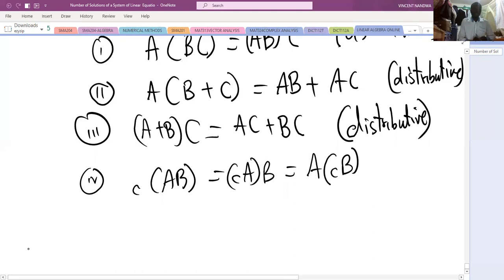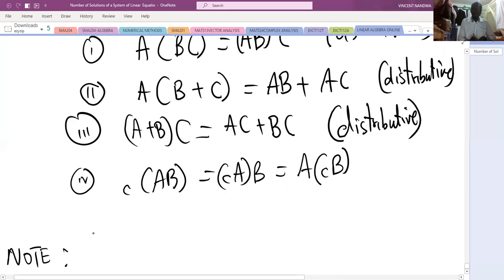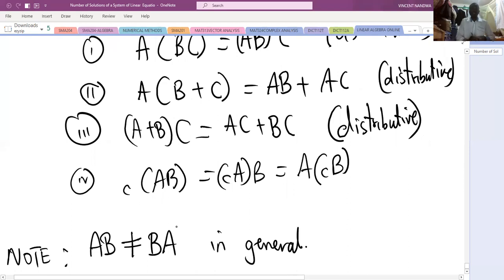And note that AB is not equal to BA in general. So there are a few cases whereby AB equals BA.